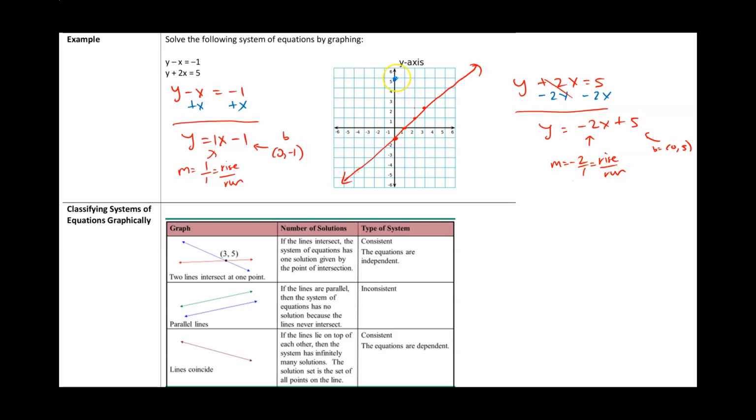So from (0, 5), always start at the y-intercept on the y-axis. We're going to go down 2 and over 1. And then once again, we're going to go down 2 and over 1. So this is going to be my line. Coincidentally, it is the exact same solution as last time, which is the point (2, 1). That's where they intersect. So that is my solution.